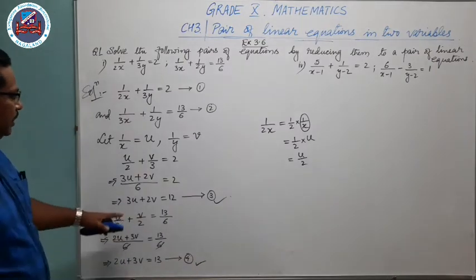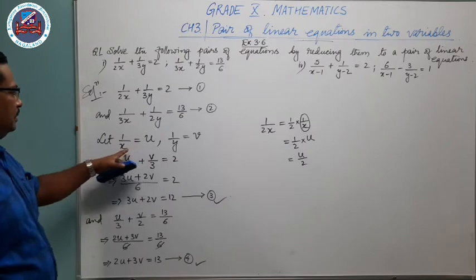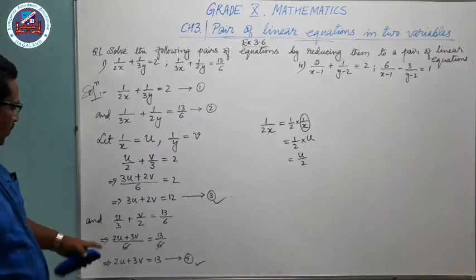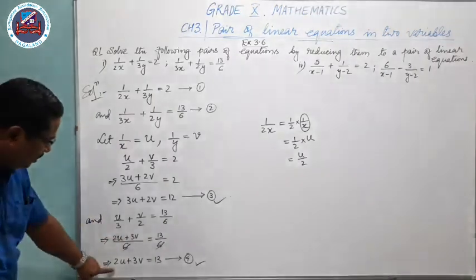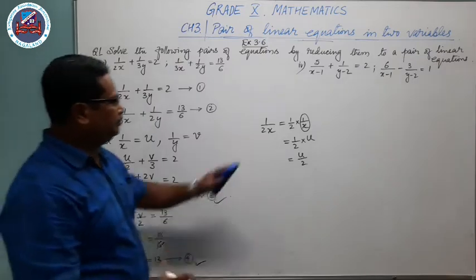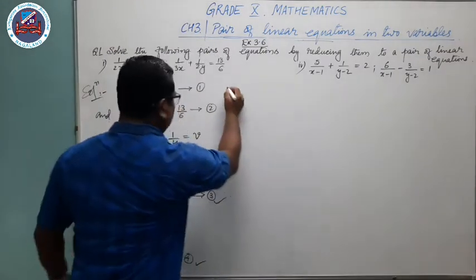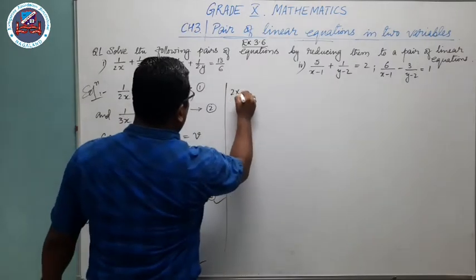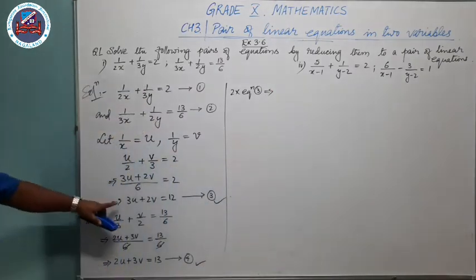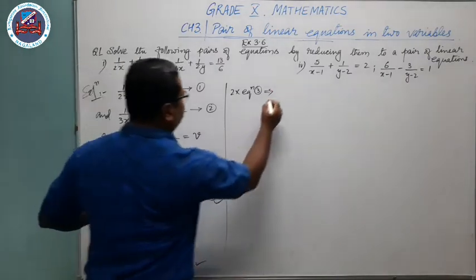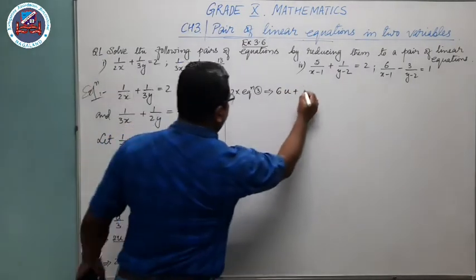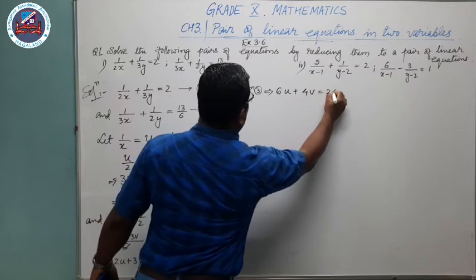After getting u and v, we will resubstitute the u value and v value here, and get x and y. Let us do it. As I said, by the elimination method we will multiply 2 into equation 3 and 3 into equation 4. 2 into equation 3. 2 3s are 6u plus 2 2s are 4v, and 2 12s are 24.